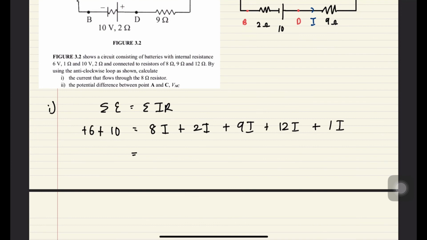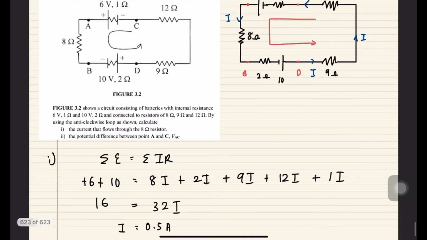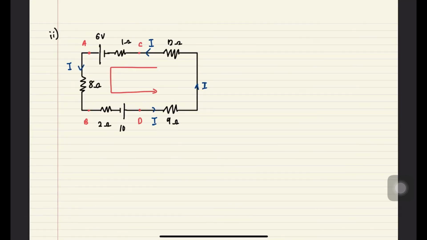So in total you should have 8, 10, 19, 20, 32. So your I is basically 16 divided by 32, which equals 0.5. And this is the current that will be passing through the 8 ohm resistor here.